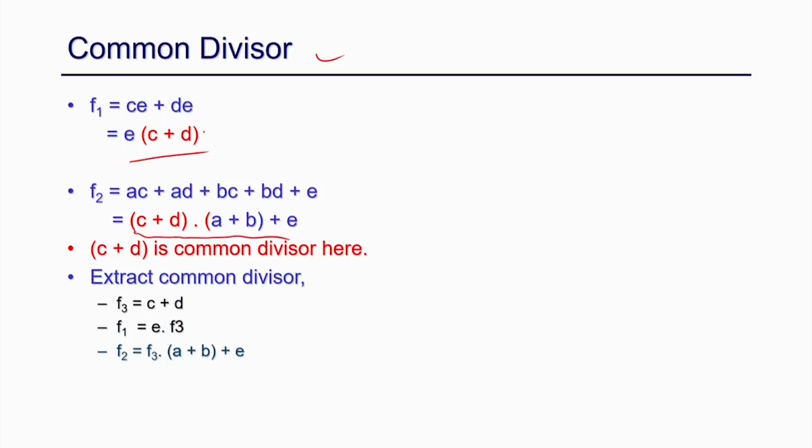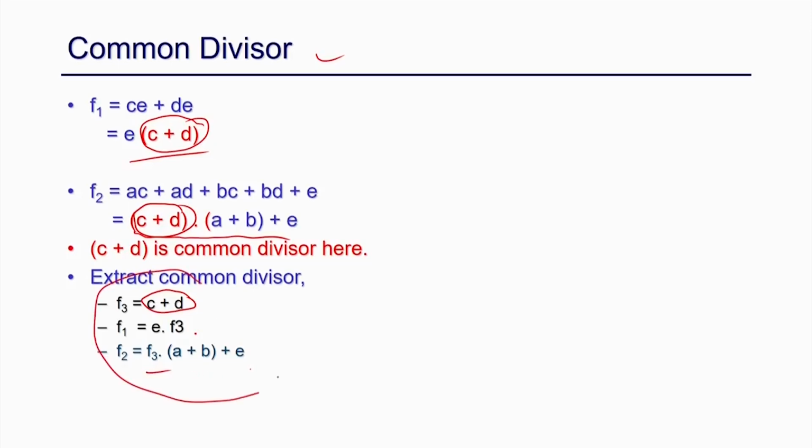You can see c plus d is the common divisor, so this is my common sub expression. If I can find such a common divisor, then I can rewrite my expressions: f3 is c plus d, f1 is e into f3, and f2 is f3 into a plus b, plus e.